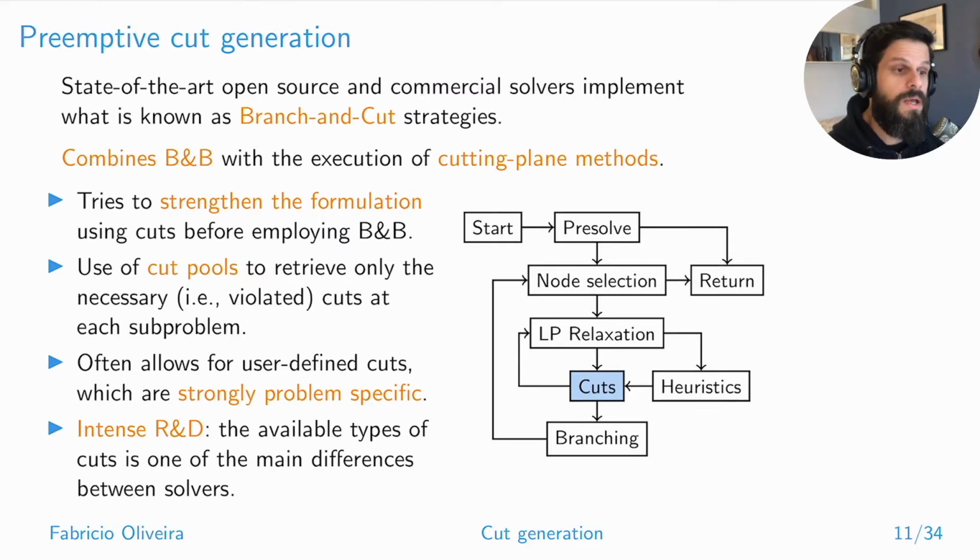So cut development, the selection of cuts that is available for the solver, is one of the main things that differentiate commercial and open source solvers. The collection of cut types they offer is also something that typically changes from one version to the other. Sometimes when a new version of a solver comes out, one of the main differences is either a new family of cuts or a more efficient way to generate cuts for a given family. So it's very important in the context of MIP.